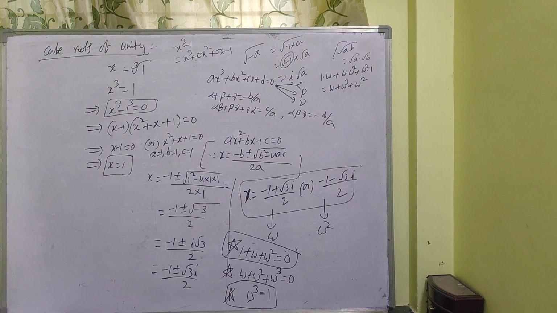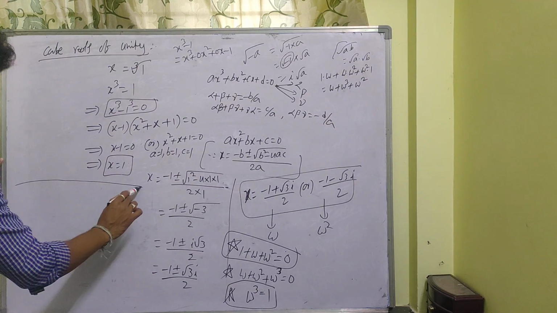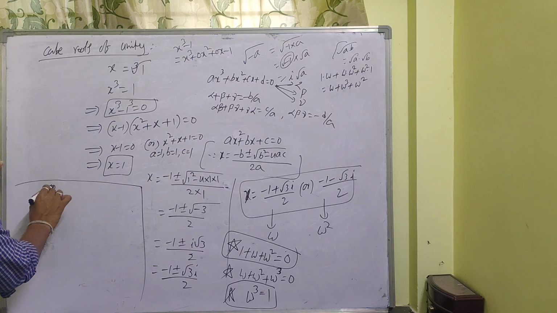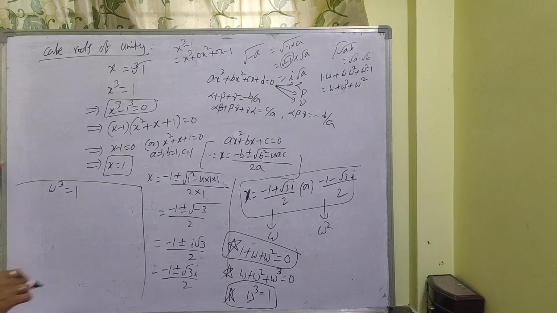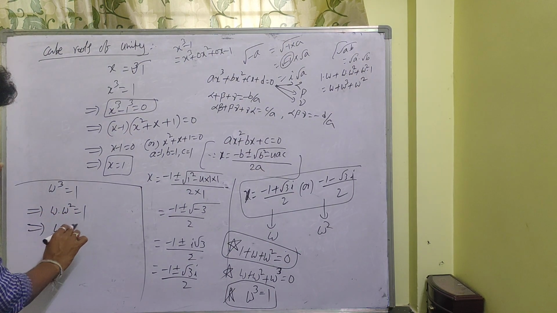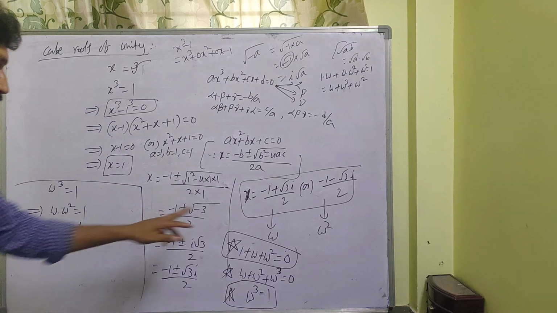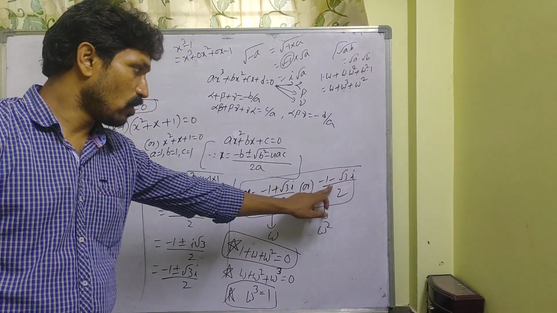Okay, these are called the cube roots of unity. And one more thing you can remember here. Omega cube is equal to 1. Omega cube, how can you write? Omega into omega square is equal to 1. That means omega is equal to 1 by omega square. This one is nothing but 1 by this one.